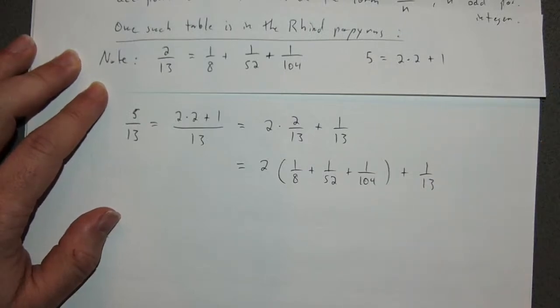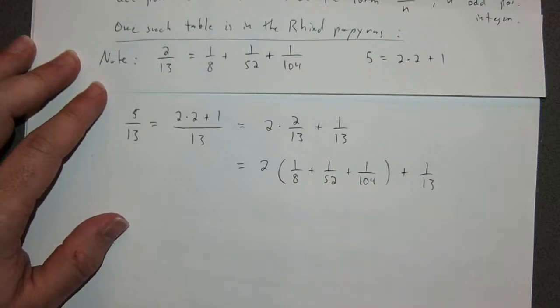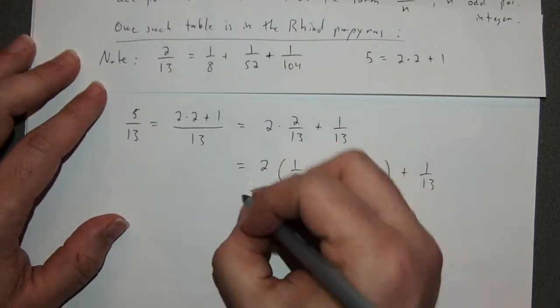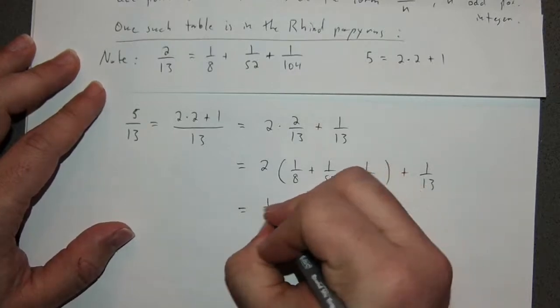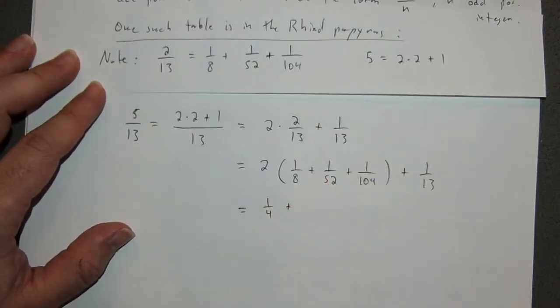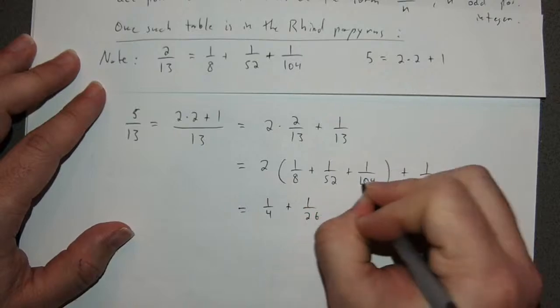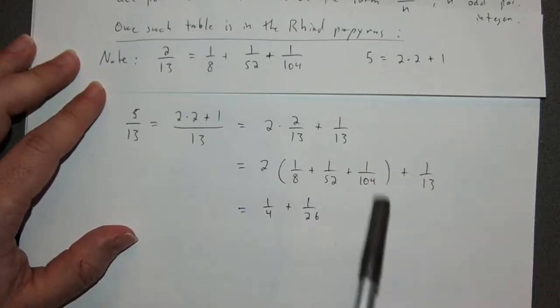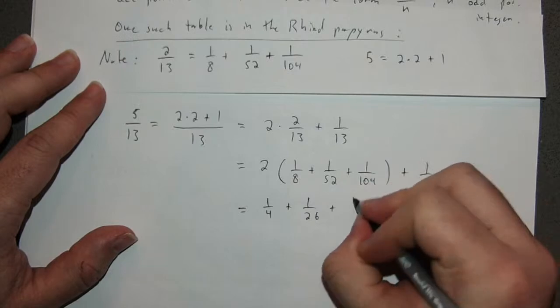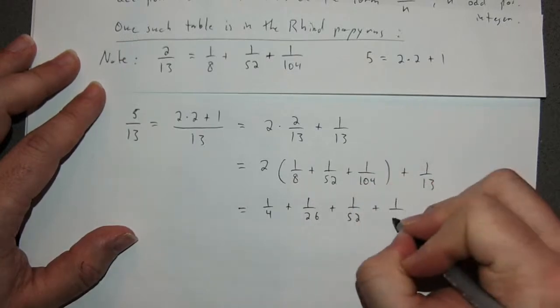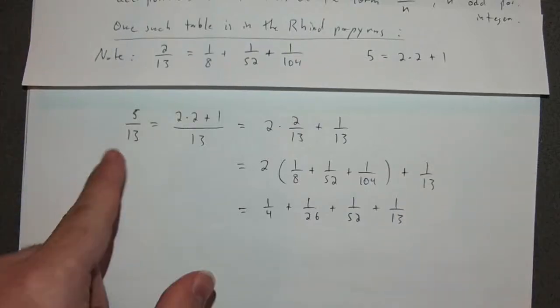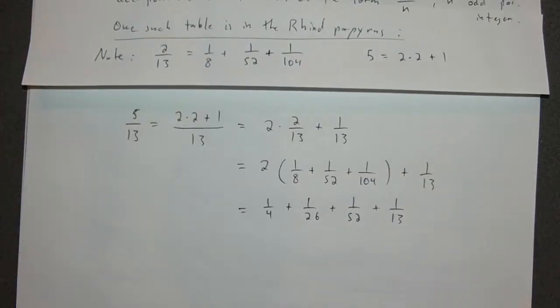So multiplying through by this 2 and then simplifying these fractions, I would get 1/4 plus 1 over 26 plus 1 over 52 plus 1 over 13. And so, as desired, I've written 5/13 as a sum of unit fractions.